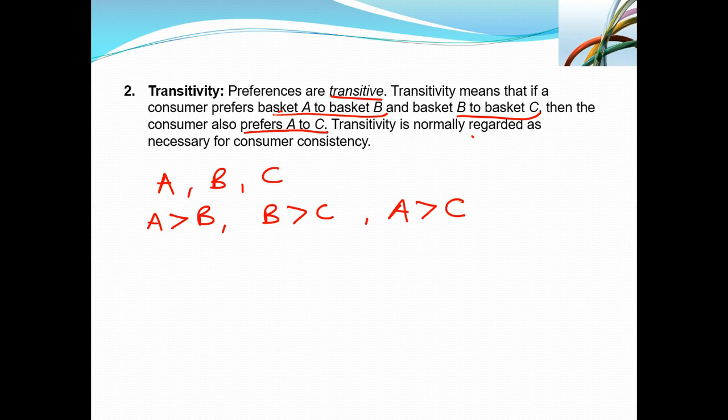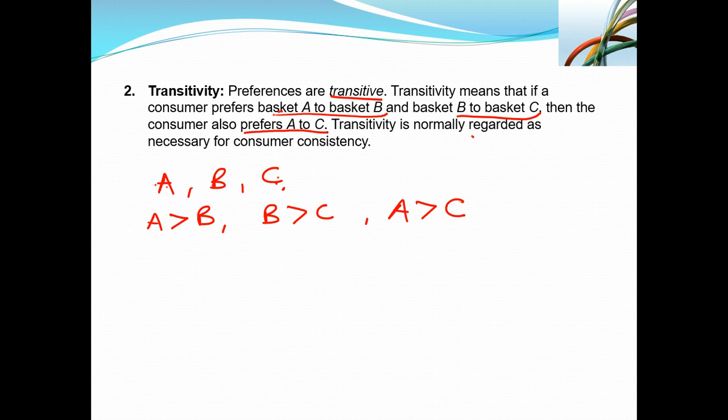Practically, it doesn't make sense to say I prefer A to B, I prefer B to C, and I also prefer C to A. It doesn't make sense because there are just the three bundles, A, B, C. If you love A more than B, and at the same time you love B more than C, then it makes sense that you also love A more than C. So that is the property of transitivity.